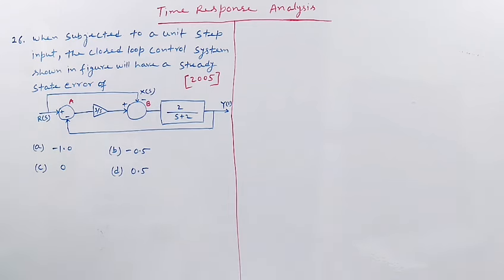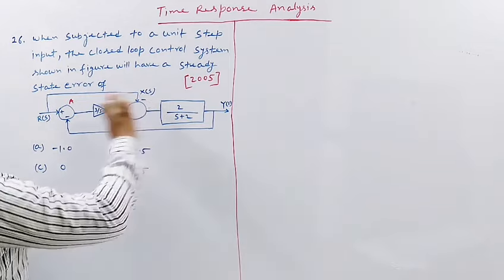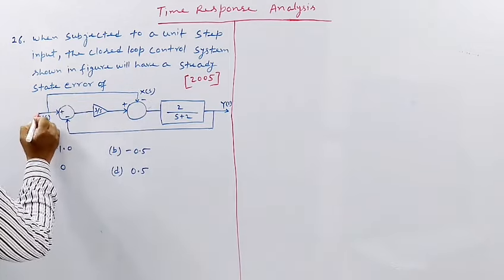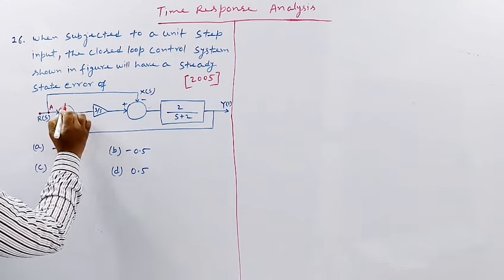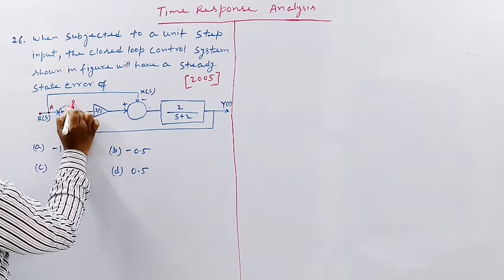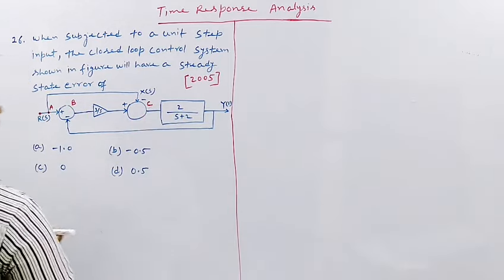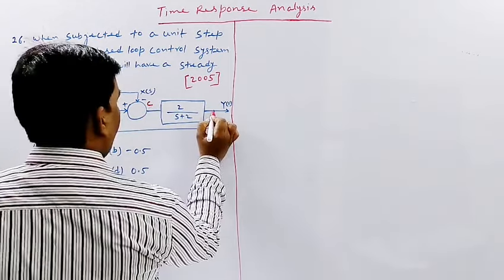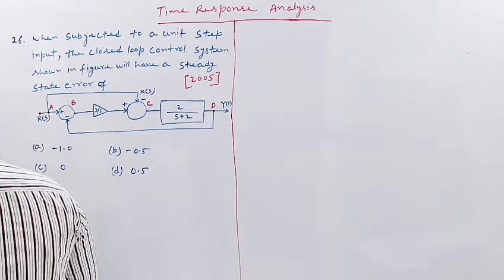So let us draw the signal flow graph, and let us denote this point. This point is RS, this point is A, this summing block is B, and this summing block is C, and this point is D. Now it is okay.